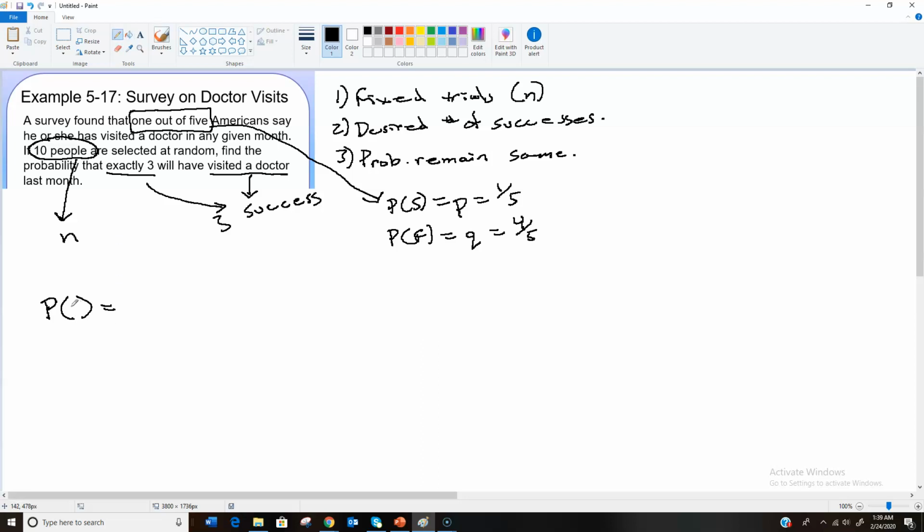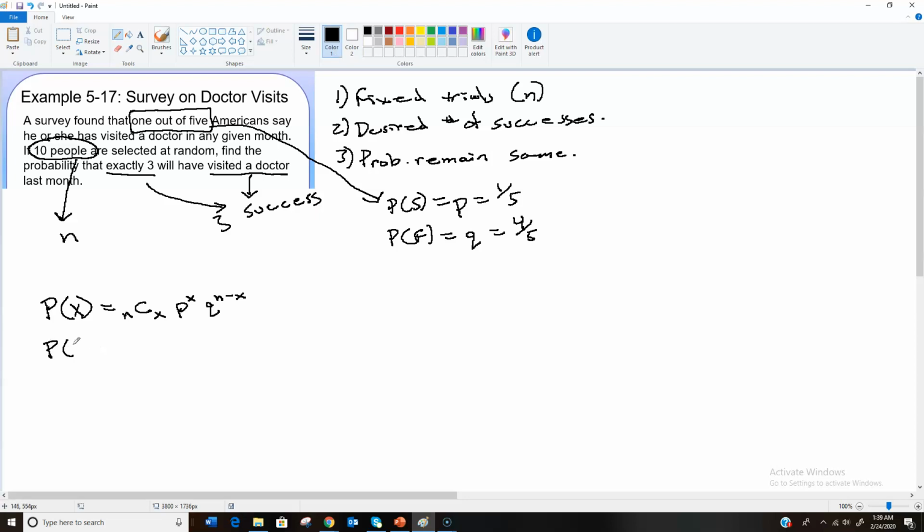So probability of X successes equals N choose X, P to the X, Q to the N minus X. So let's fill that in now.